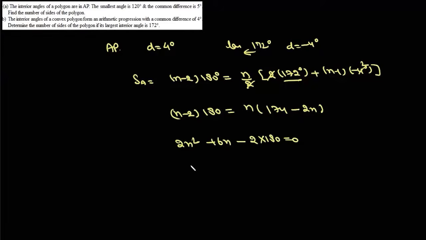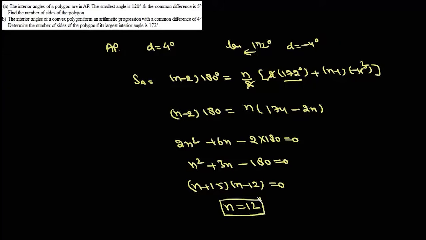Now we'll divide everything by 2, so it will be n square plus 3n minus 180 equals 0, which is (n plus 15)(n minus 12) equals 0. Now n cannot be negative, so the only value of n we get here is 12.